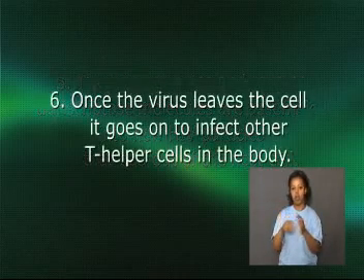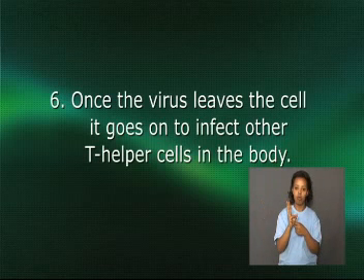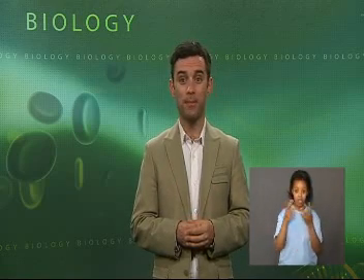In the sixth step, the virus leaves the cell and goes on to infect other T helper cells in the body. Were you able to write down all 6 steps? Great work, students.